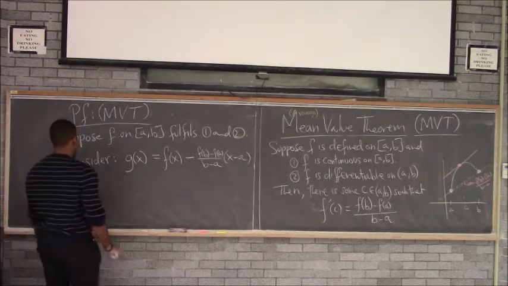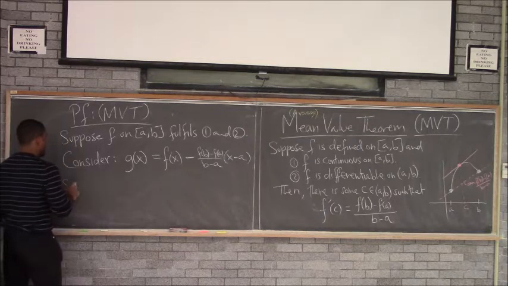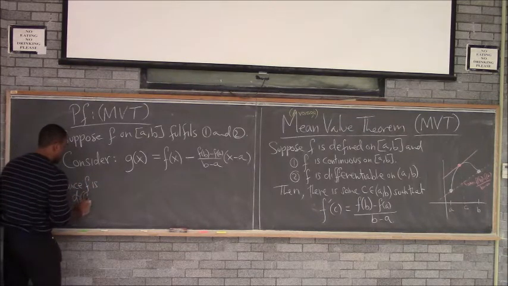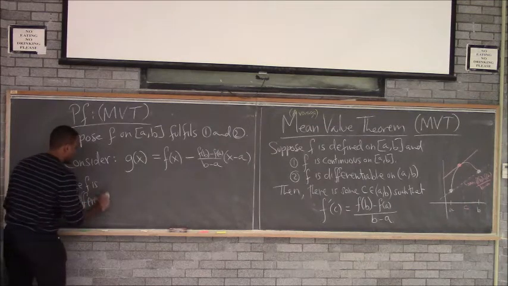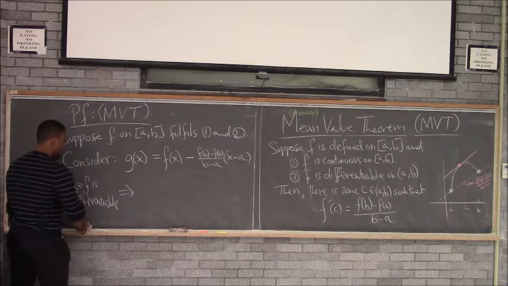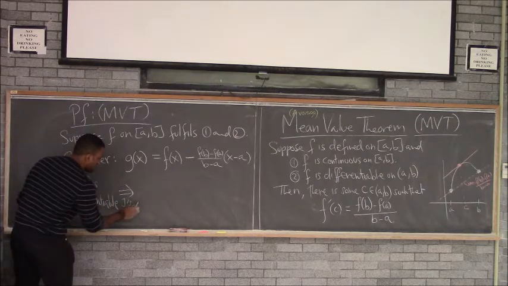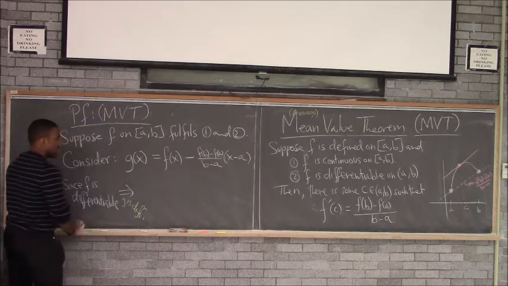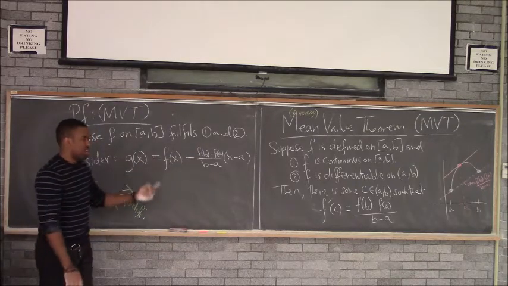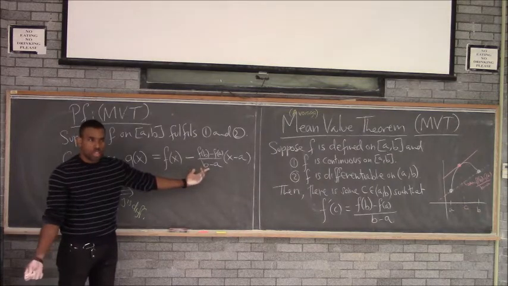Now, since f is differentiable, this means g is differentiable. Right? Because g is just f plus that. This is differentiable by assumption. That's just a straight line, so that's differentiable.